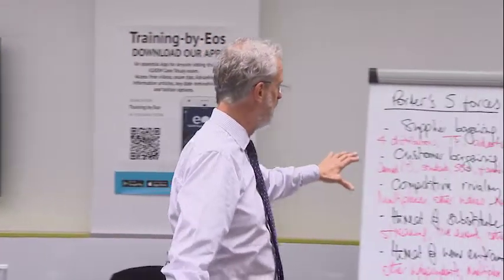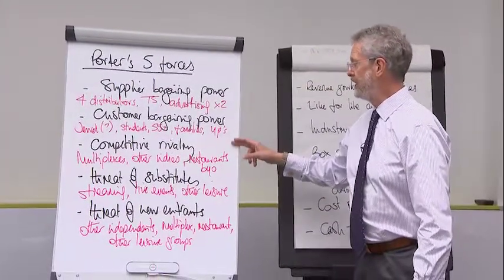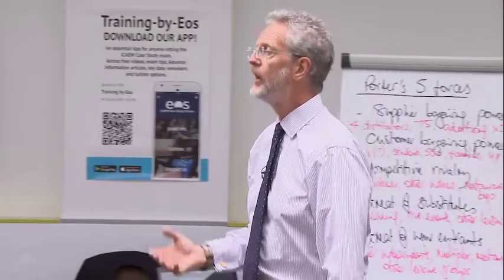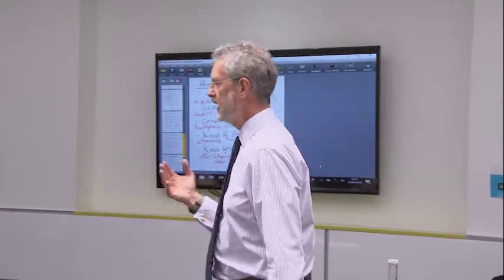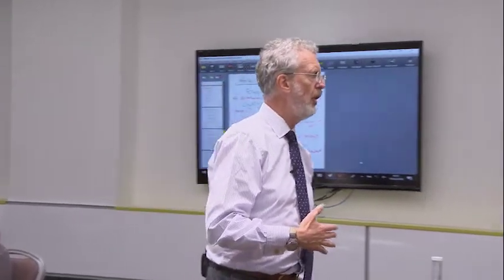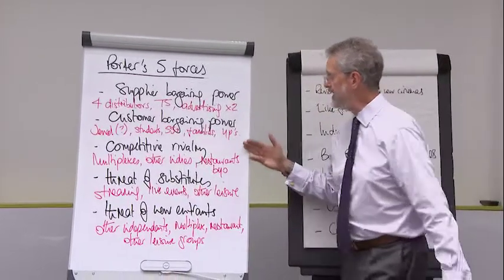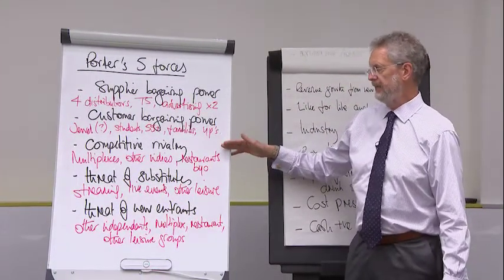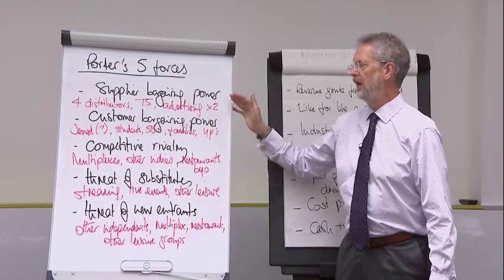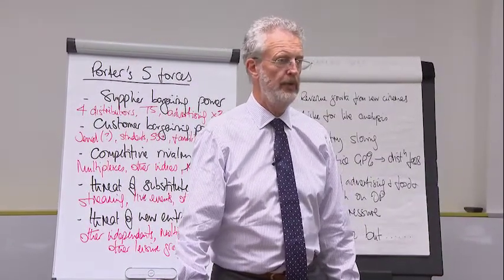What I want you to do is assess whether the bargaining powers, the competition, and the threats are high, medium, or low. And then what is Sequin going to do to protect itself from the threats, to mitigate the competitive rivalry, and to diffuse the bargaining powers. That's the job for this afternoon.